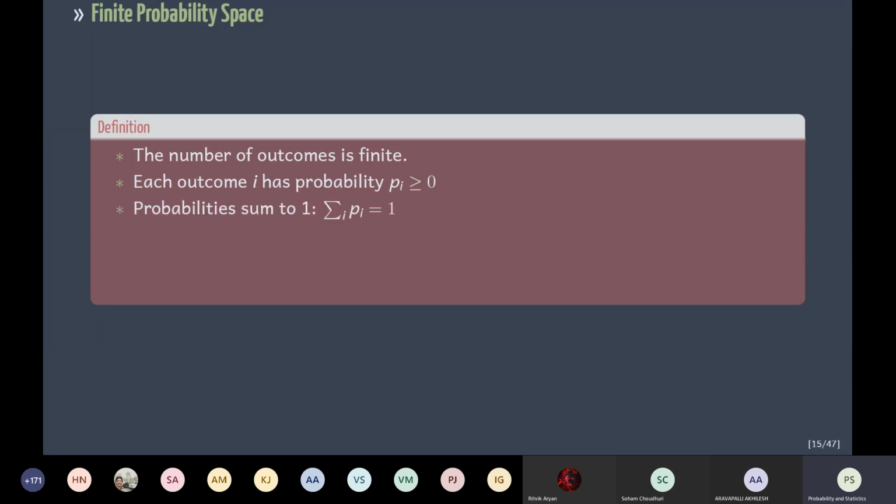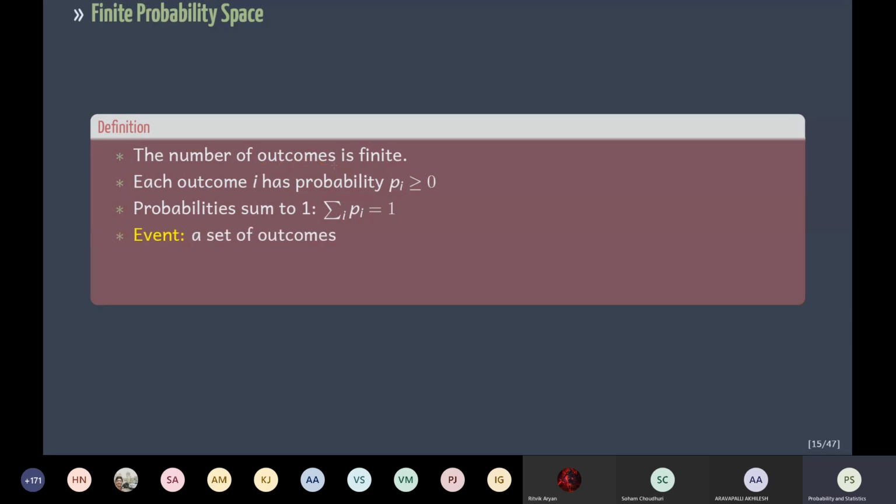Probabilities sum to 1. In an experiment, assuming that we have considered all possible outcomes, the probabilities should sum to 1. If the sum is not turning out to be 1, then you have missed some of the outcomes.